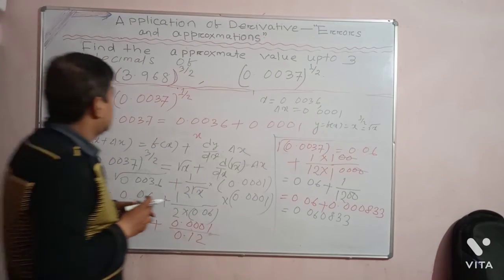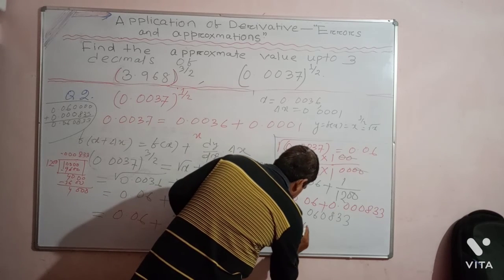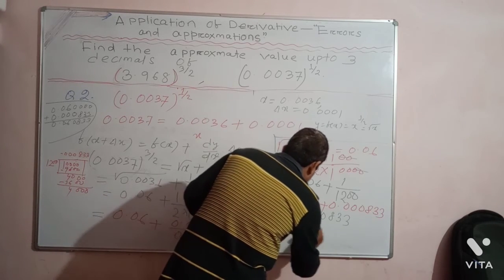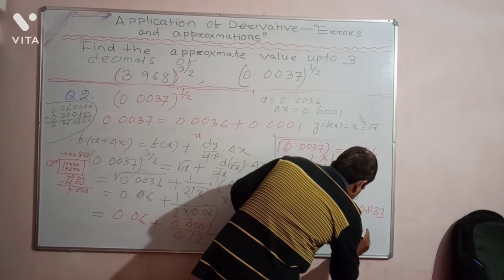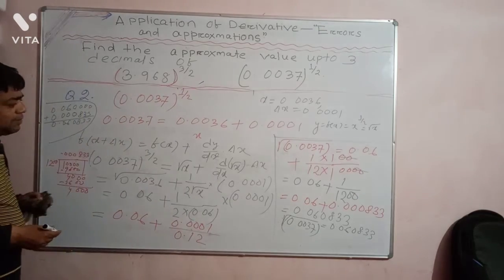Understand? This is how we find the value. We got the square root of 0.0037 equal to 0.060833. Our question is to find it up to 3 decimal places.